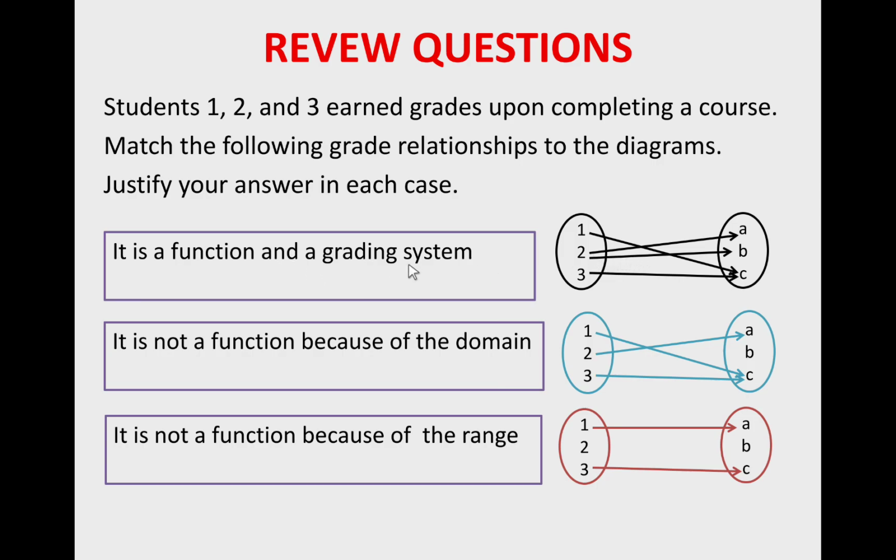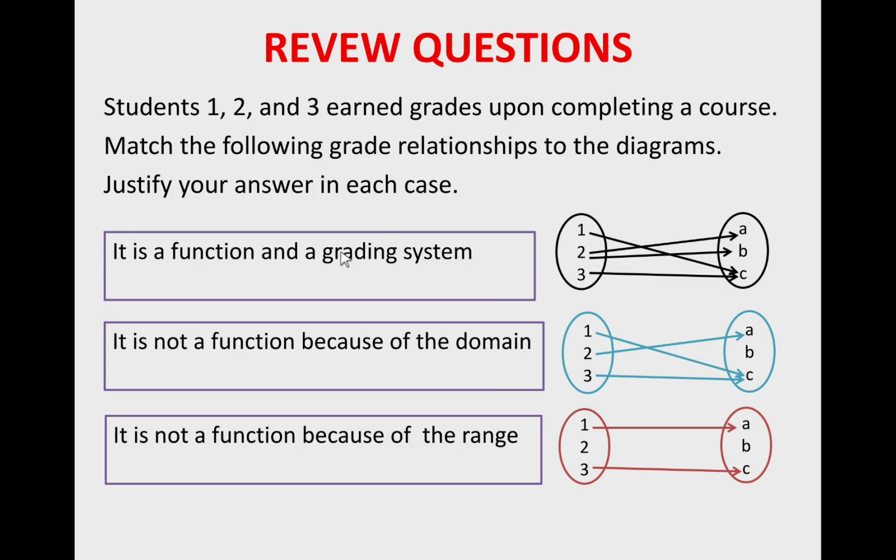It is a function. We said if it is a function, it has to avoid 2 things. No single element from the domain should be mapped to more than one element in the range. And we can see that 2 is a single element in the domain and it's mapped to 2 elements in the range. So this is not corresponding to this, because this is a violation.